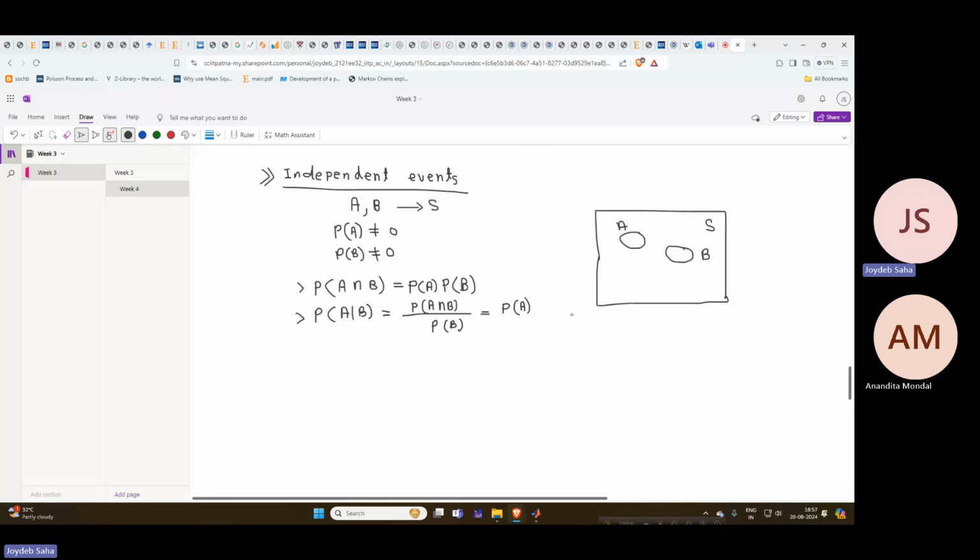Intuitively we can think like this. Similarly, what will be the probability of B conditioned on A? It will be probability of B only, right?